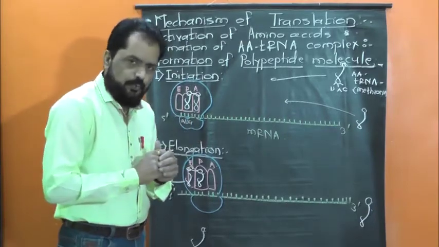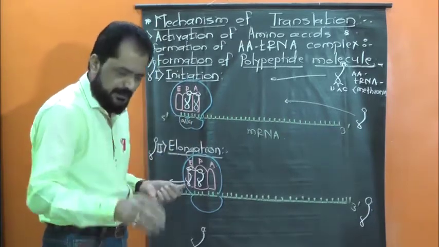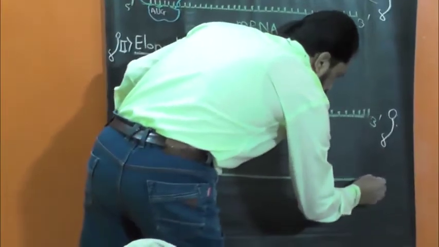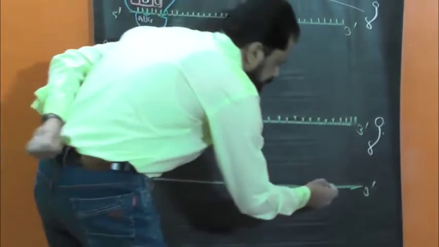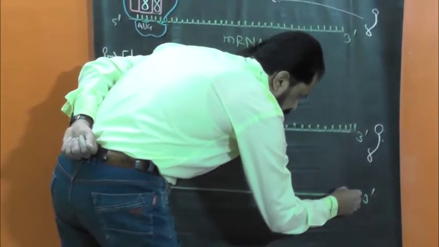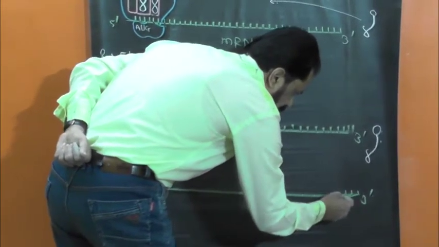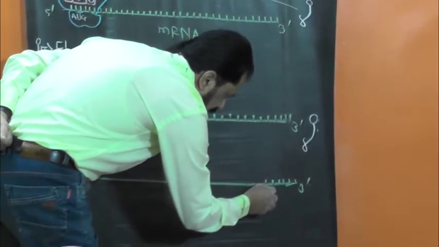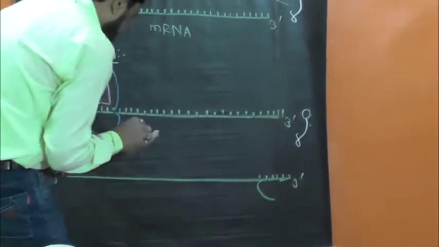I am going to show here once again in one diagram. Please look. Now suppose this ribosome has reached near the 3' end. आता कल्पना करा या रायबोझोम या ठिकाणी 3' end पर्यंत आलेला आहे.